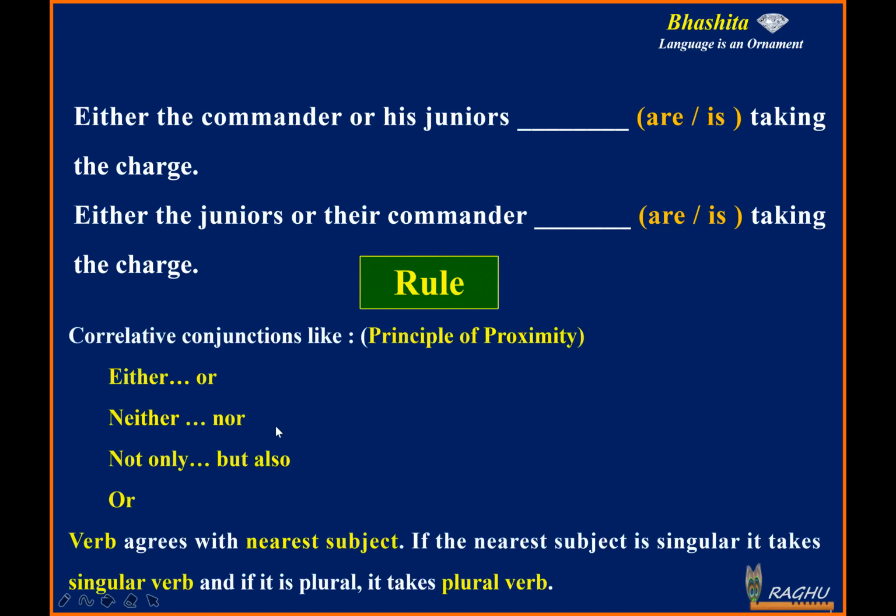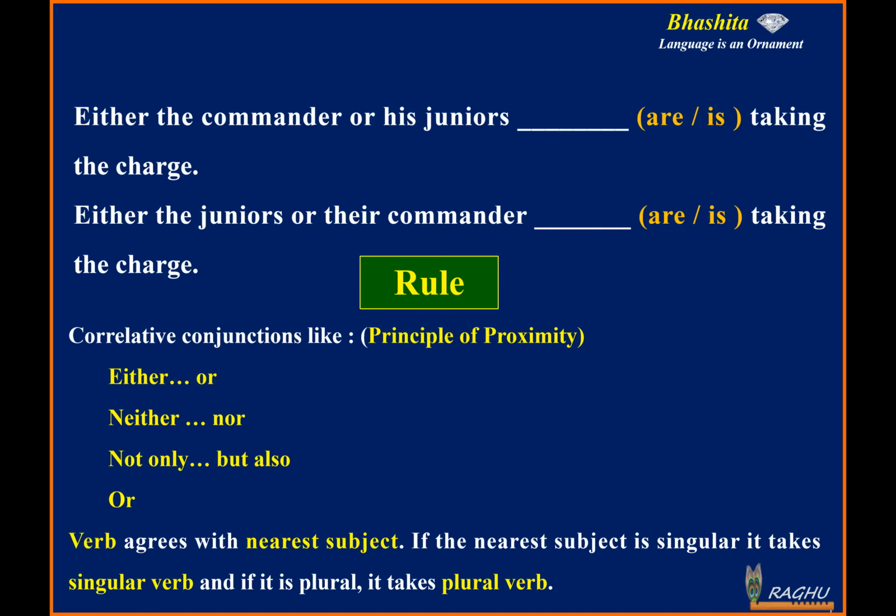What is the rule, my dear students? The name of this rule is principle of proximity. What does it mean by principle of proximity? It means the verb in a sentence agrees with the nearest subject, and that rule we call principle of proximity.